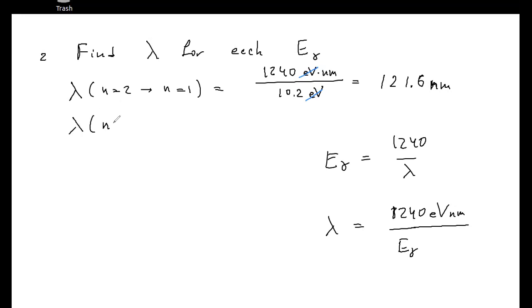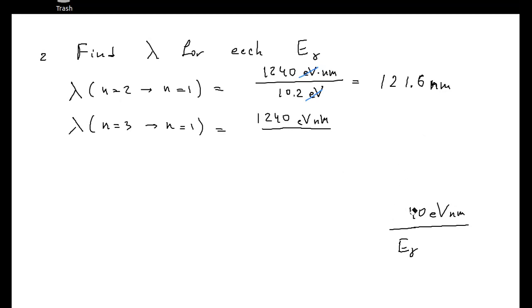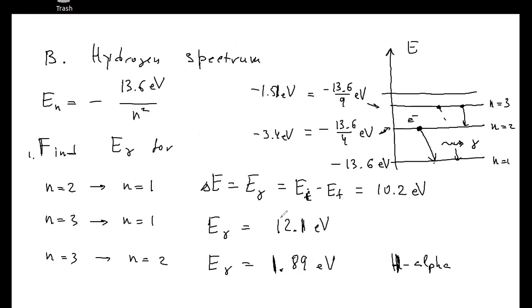Okay, what about n equal 3 to n equal 1? What kind of wavelengths? The energy was 12 something, yeah? 12.1.